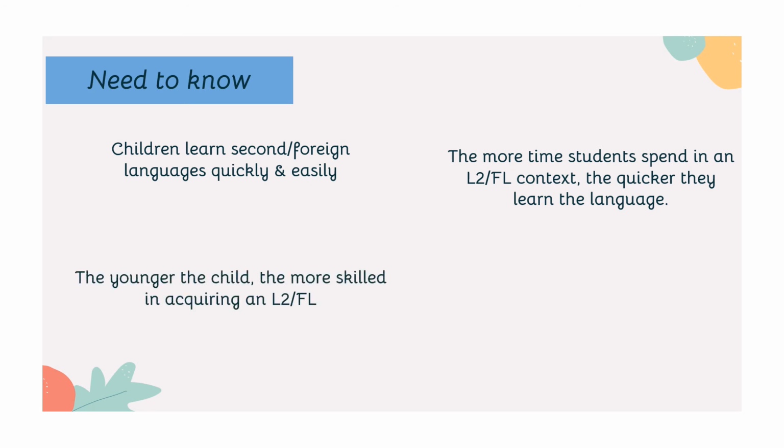And next, the younger the child, the more skilled in acquiring a second language or foreign language. Oyama in Pinter 2006 found that the earlier a learner begins a second language, the more native-like the accent he or she develops.